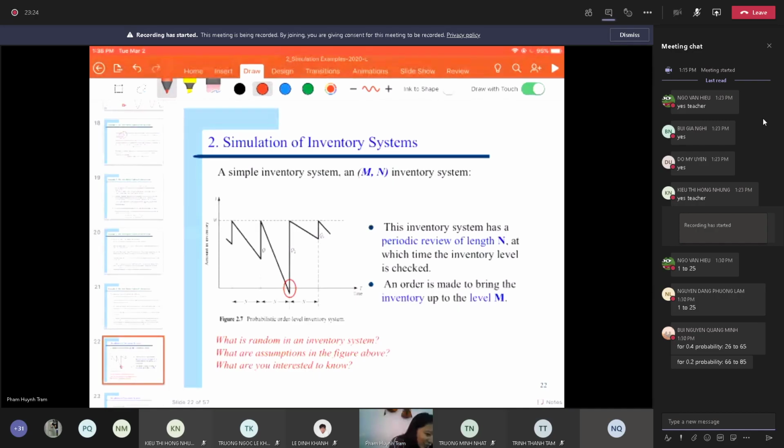The x-axis is the time, and the y-axis is the inventory level in our store. At the beginning, our inventory level is somewhere here, and then it drops over time. Why does it drop?